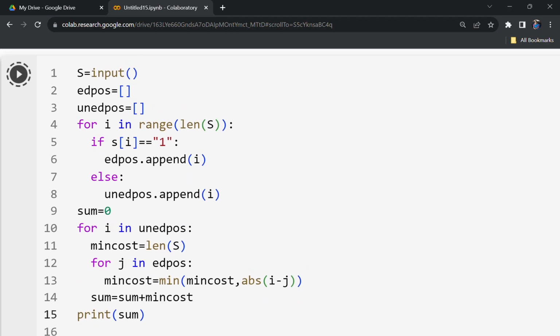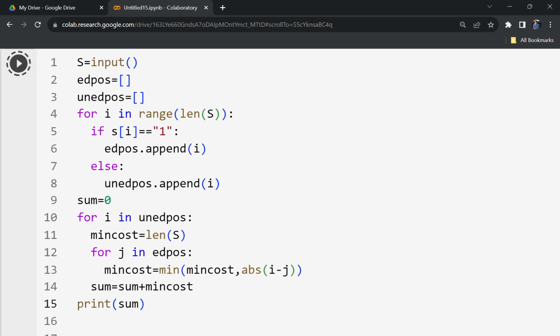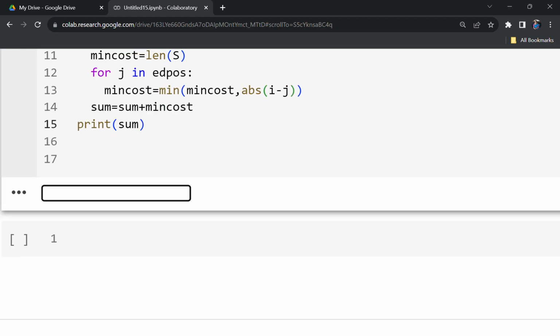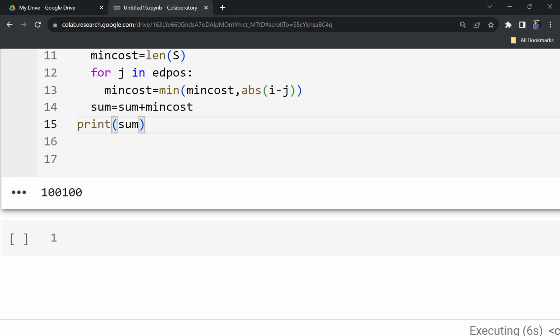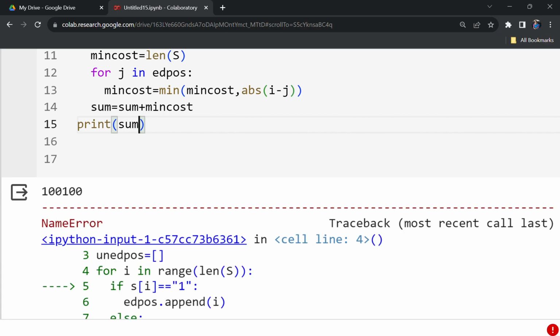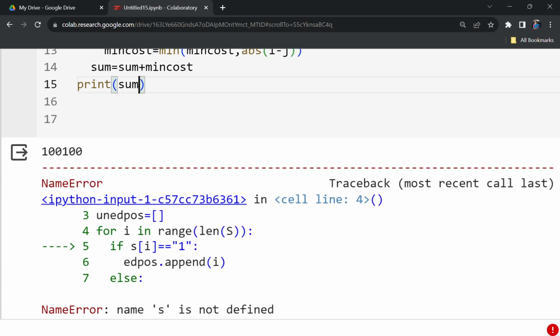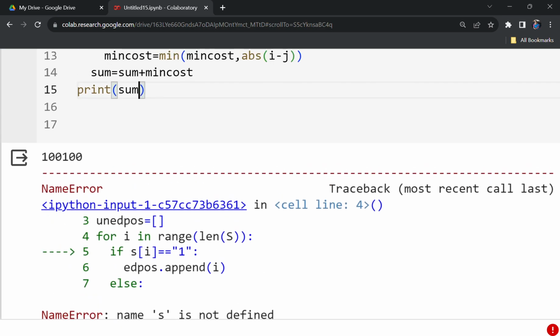Let us try with that example. Let me give the input 1 0 0 1 0 0. Oh, there is some error.